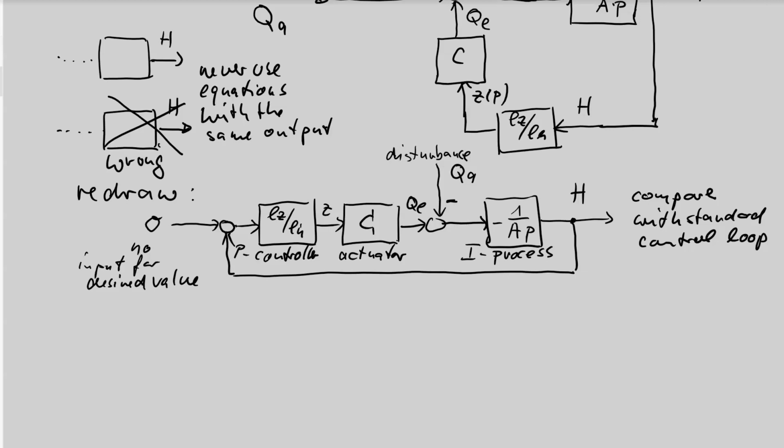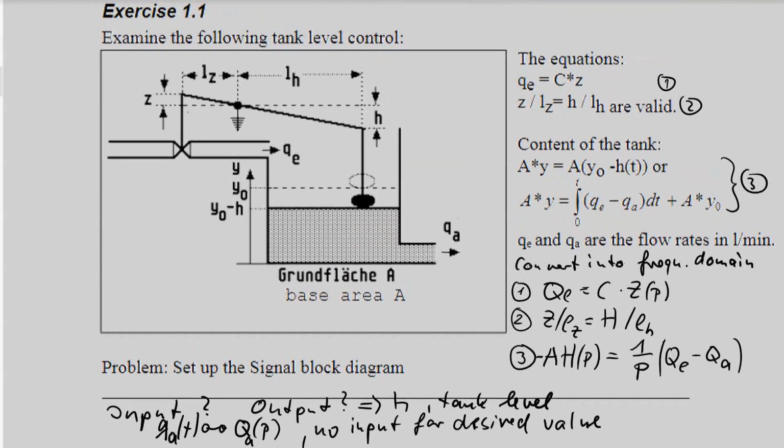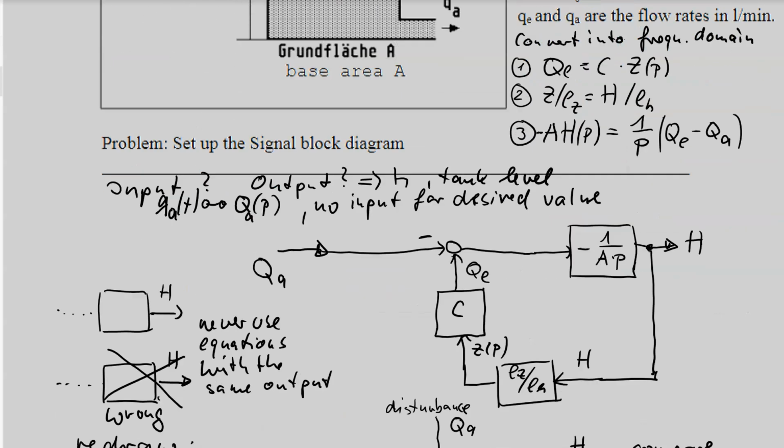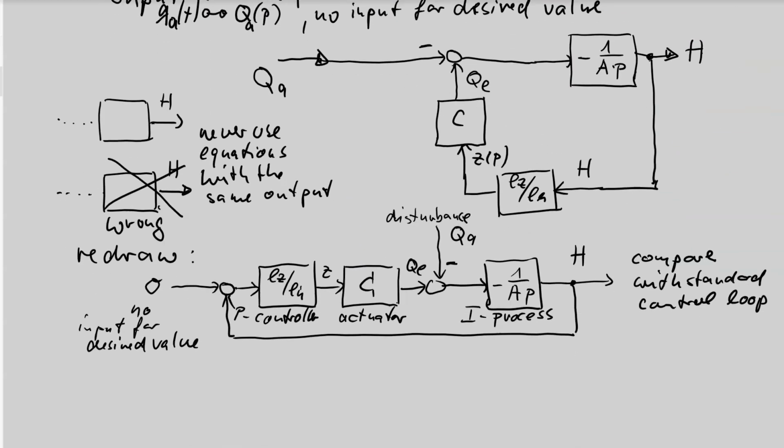Okay, so far you see, independent of whether this is an electronic circuit or a mechanical system, or maybe a pneumatic system or chemical system or medical system, we can look for physical equations, and then convert these equations into this loop. For any of these areas of loops, we can now have the same methods to analyze signal block diagrams, to calculate step responses, Bode plots, and so on.